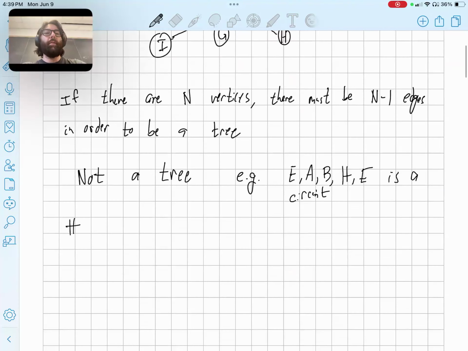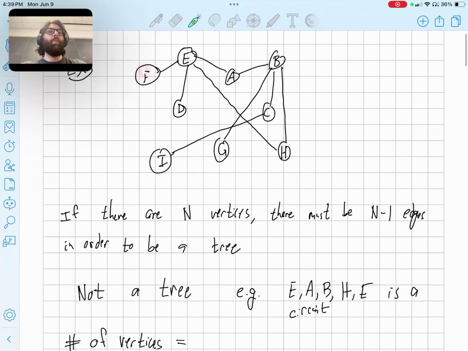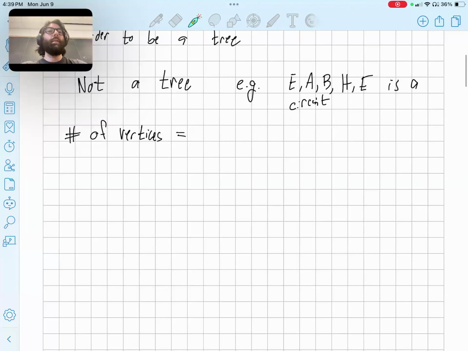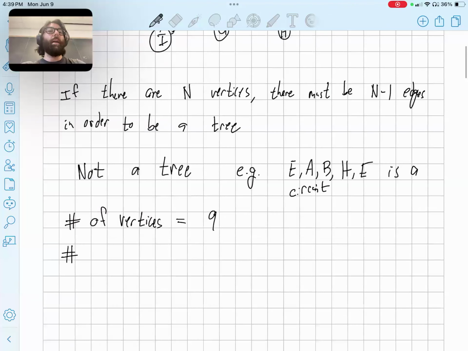So the number of vertices is, well, 1, 2, 3, 4, 5, 6, 7, 8, 9 vertices. So we have 9 vertices. How many edges do we have? So in this case, that tells us that our n equals 9. And so n minus 1 would be 8. 9 minus 1 is 8.